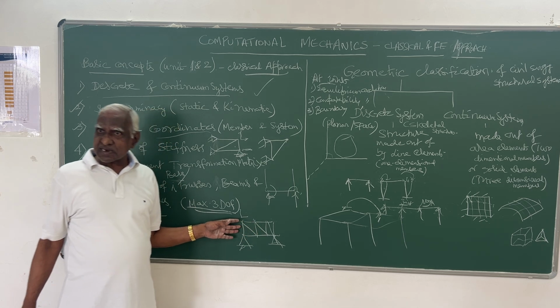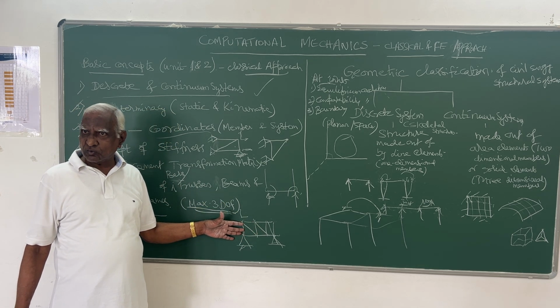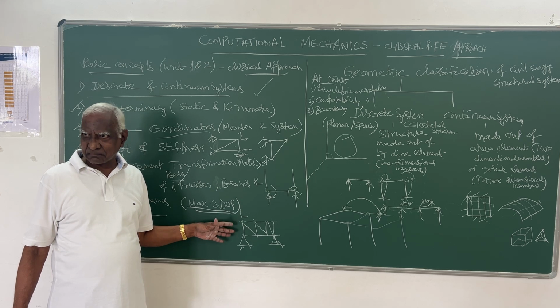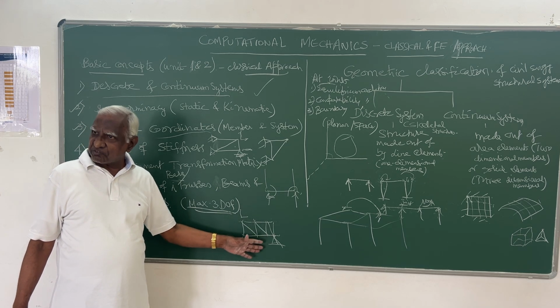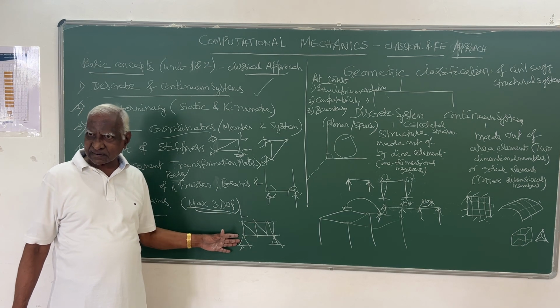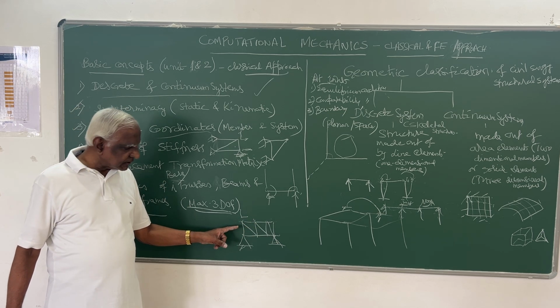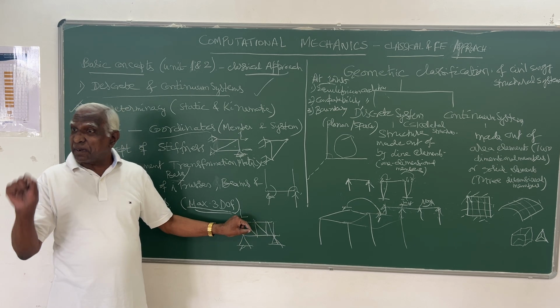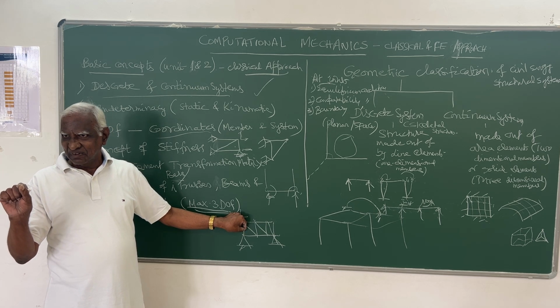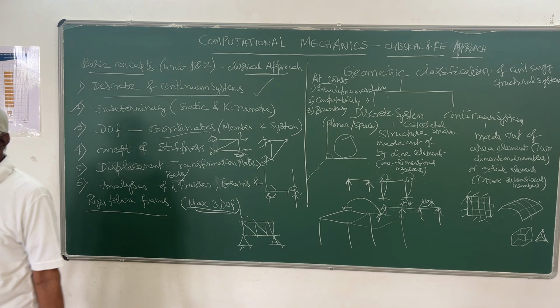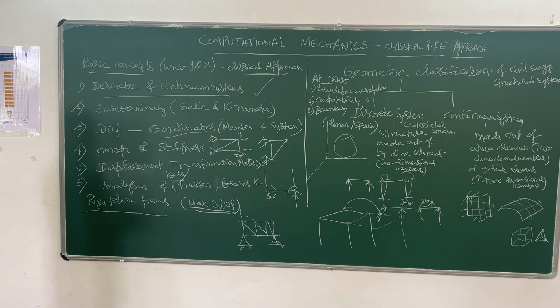A truss is a framed structure or discrete structure made out of a number of line elements which are interconnected by pin joints, and all members lying in one plane. That's the definition of truss.